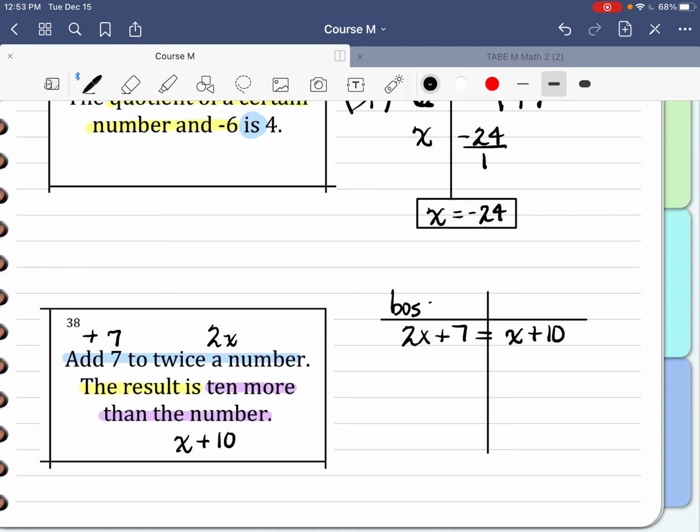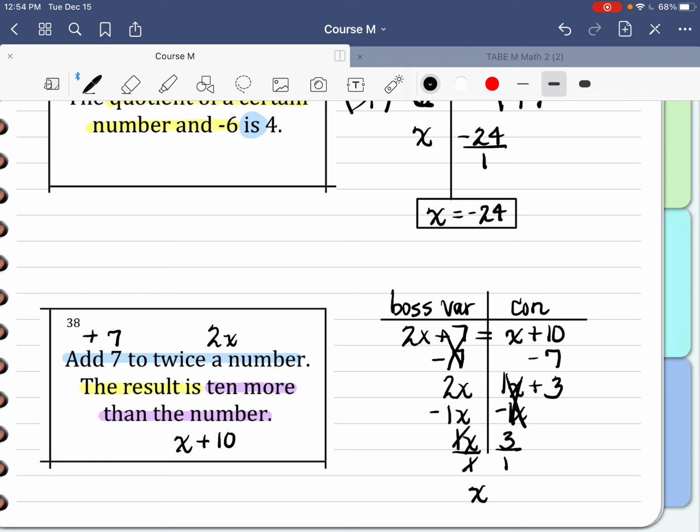And this time my boss variable is on the left, and I'll put constants on the other side. So move your 7, get 2x, 1x, and 3. Move the 1x, cancel, copy, and divide the coefficient 1. X is 3 for number 38.